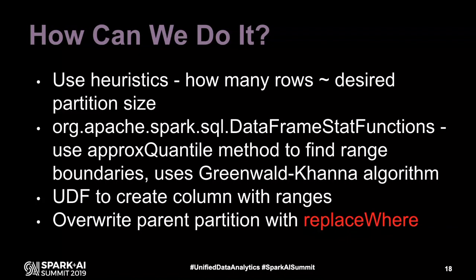It also lets you specify the accuracy that you want, and it's quite accurate in the approximation, actually. And then you give it the column that you want to find the approximate quantiles for, and the number of quantiles that you want out of the data. This will then give you back your range boundaries.